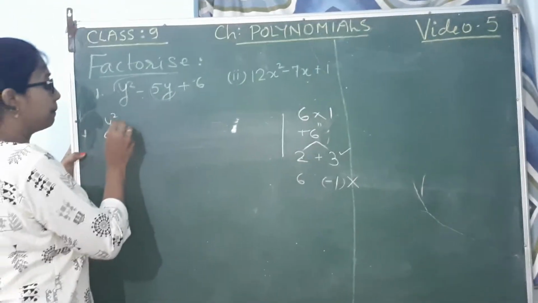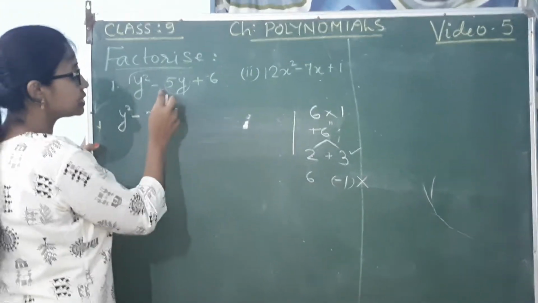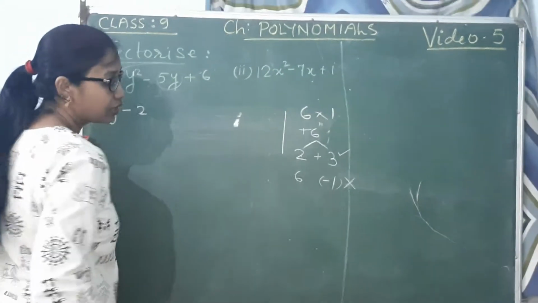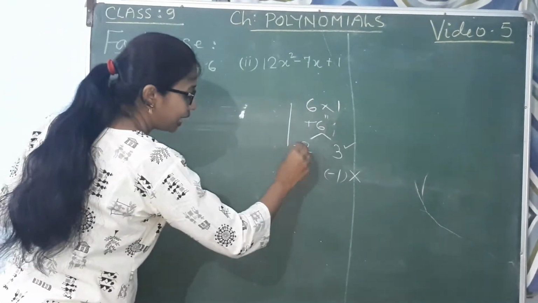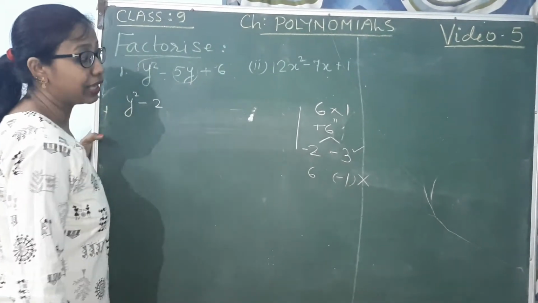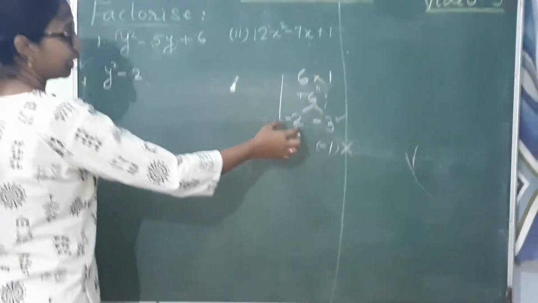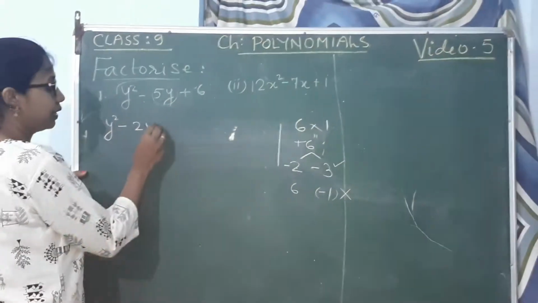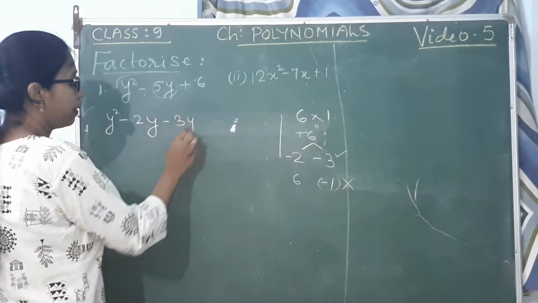y square minus... since here the middle term is negative, in order to add, don't give a positive sign; we have to give the negative, because minus and minus will add as integers. Minus 2y minus 3y plus 6.